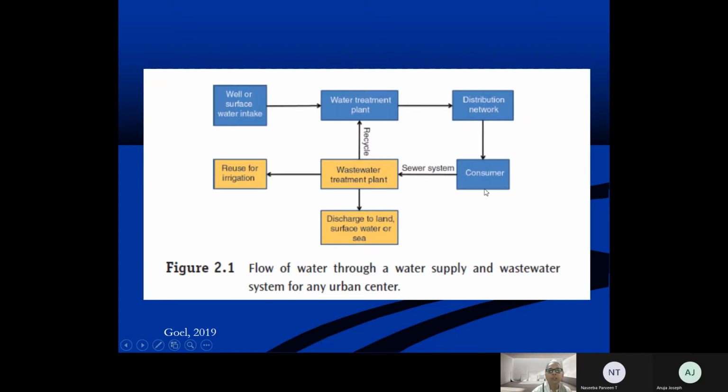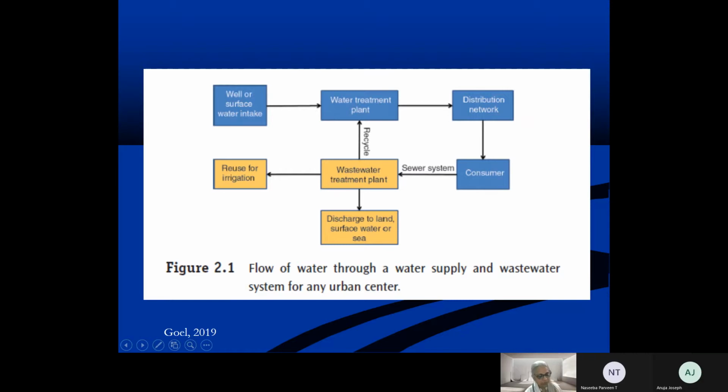This distribution network is where the consumer gets the water. The water at my tap, I am the consumer, and when I open a tap, that is the end point of the distribution network. When I utilize water, whether for cleaning, drinking, cooking, gardening, whatever it is, a large portion of the water that I use will end up in the sewer system.